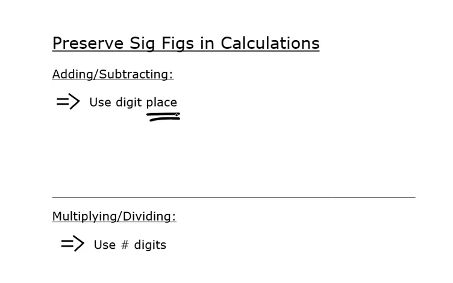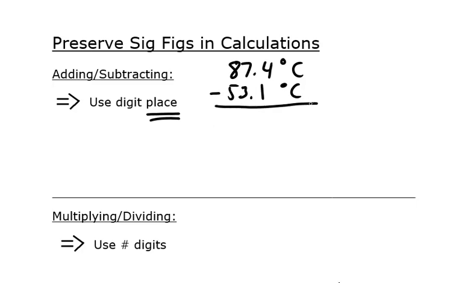I'll show you what I mean. If we have a temperature, such as 87.4 degrees C, we might want to subtract that from an initial temperature. Let's say we have a final temperature of 87.4, and we want to subtract from our initial temperature to get the net change in temperature. So that's a subtraction problem.